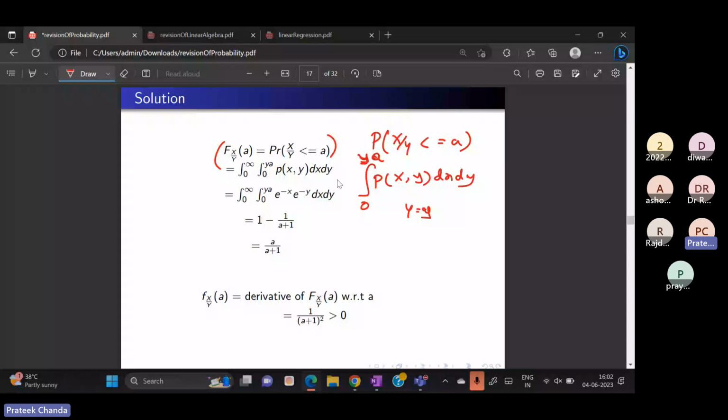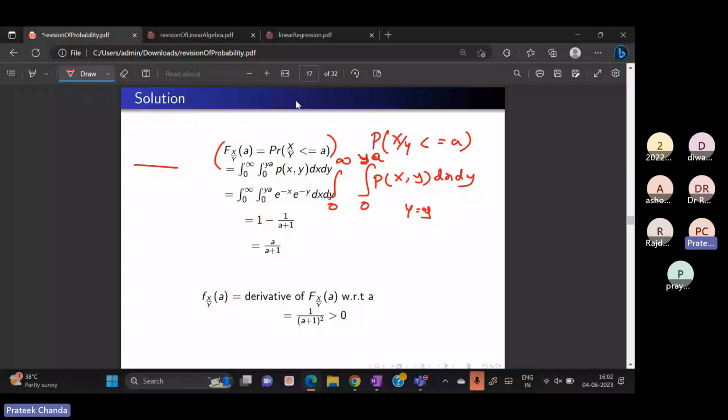For x, I integrate from 0 to infinity, because e to the power minus x is defined starting from 0, and it's 0 otherwise. You can solve it and find an expression like this.